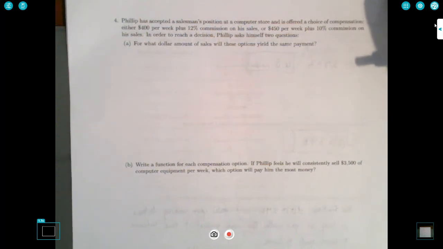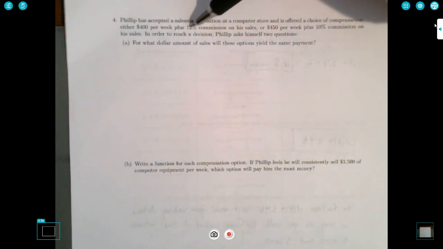In order to reach a decision, Philip asks himself 2 questions. He wants to get the best deal for himself. So in order to figure out what the best deal is, that depends on how much he's going to sell, doesn't it? Because if he sells a lot, then going with the smaller weekly amount but getting a larger commission might be good. If he doesn't think he's going to sell very much, though, he probably wants more per week and a smaller commission.